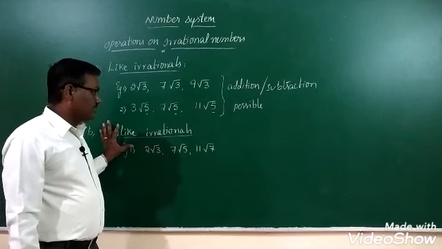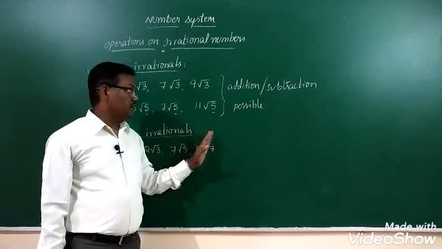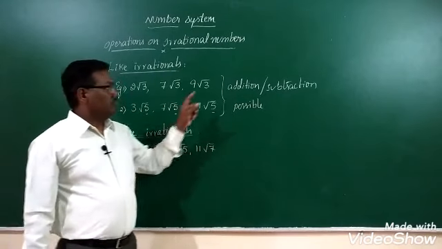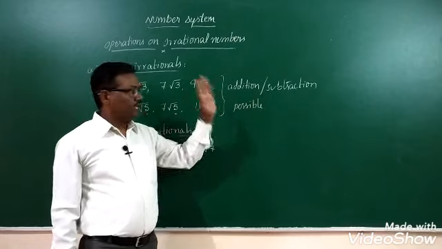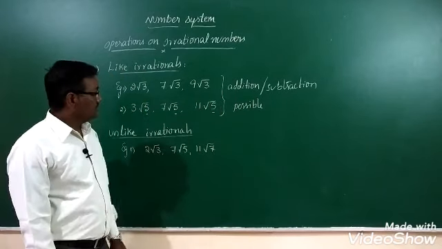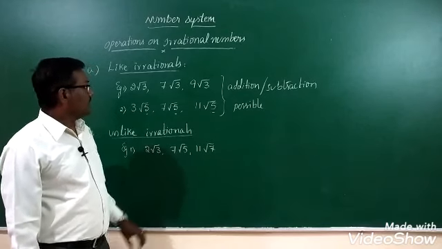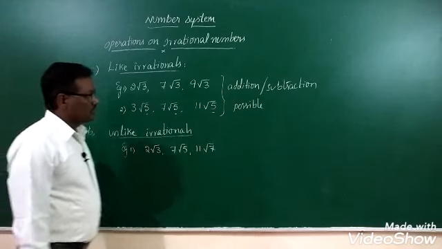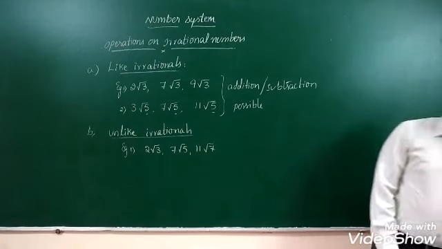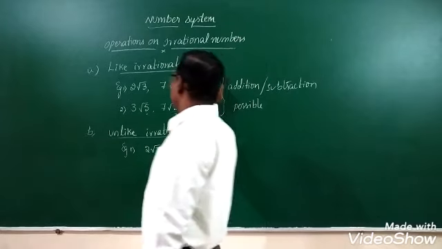For unlike irrationals, it is not possible to do addition and subtraction. We can perform addition or subtraction when the terms are like irrationals. This is a very important one. Now we start with the operations one by one. First operation, addition.